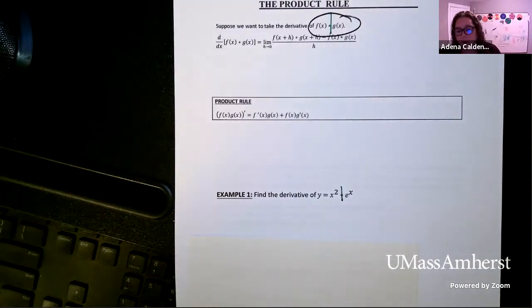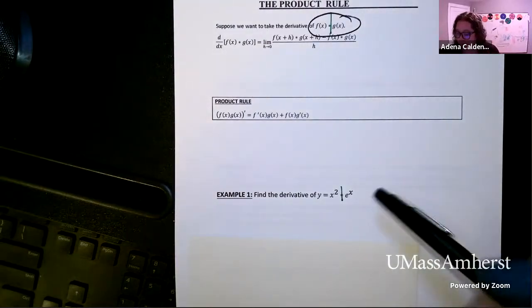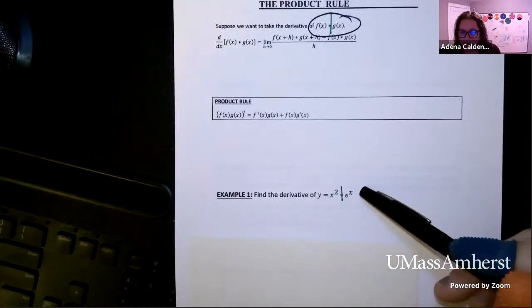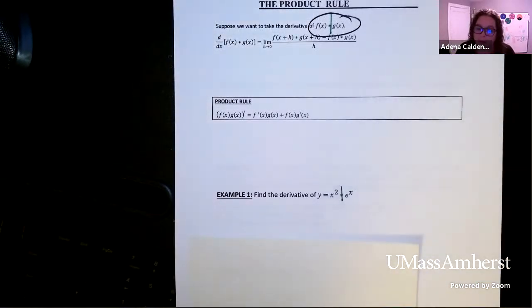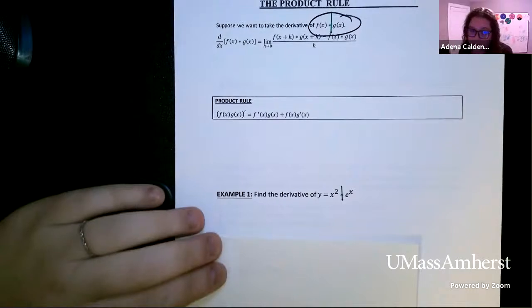For the product rule, I have two distinct functions. They each have my variable of x. I'm going to call one of them f and one of them g. Technically, it doesn't matter which one is f and which one is g, but the convention is that you pick the first function you see to be your f and the second function to be your g.